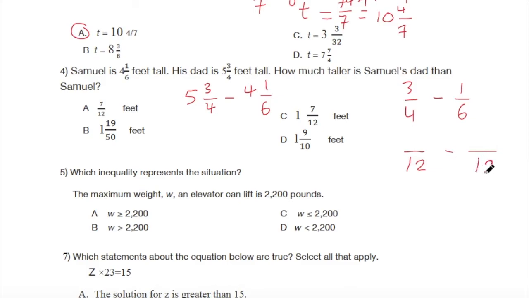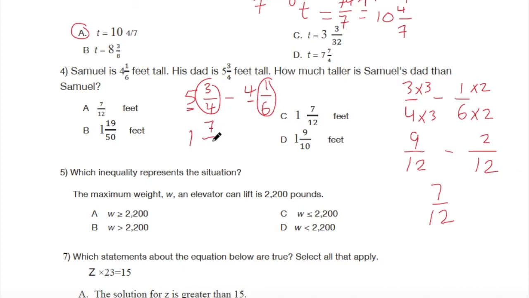Now for 4 to be 12, it's multiplied by 3, so we have to multiply its numerator by 3 as well. For 6 to be 12, it's multiplied by 2, so we have to multiply 1 by 2 as well. So it will be 9/12 minus 2/12, which is 7/12. So the answer will be 5 minus 4 equals 1, and 3/4 minus 1/6 will be 7/12, which is C.